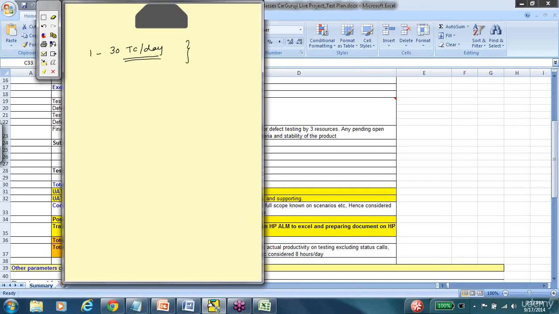So when you can write and execute 30 test cases per day, let's say there are 90 test cases, one team member. You'll estimate 3 days, correct? 3 days for writing, documentation, and 3 days for execution.